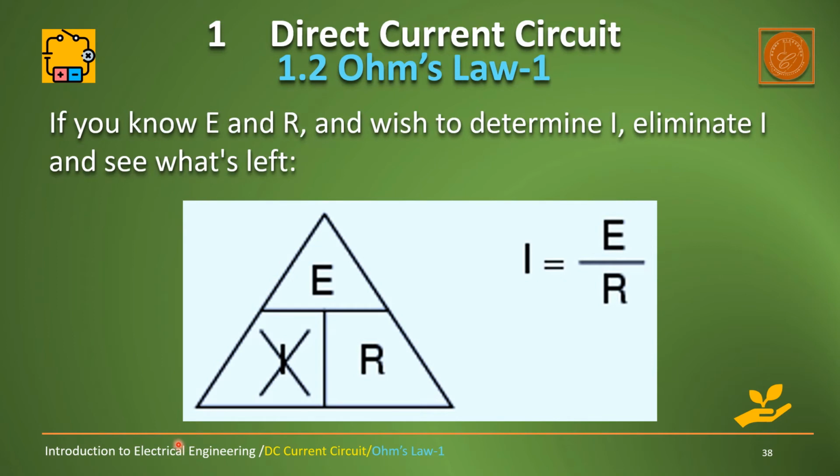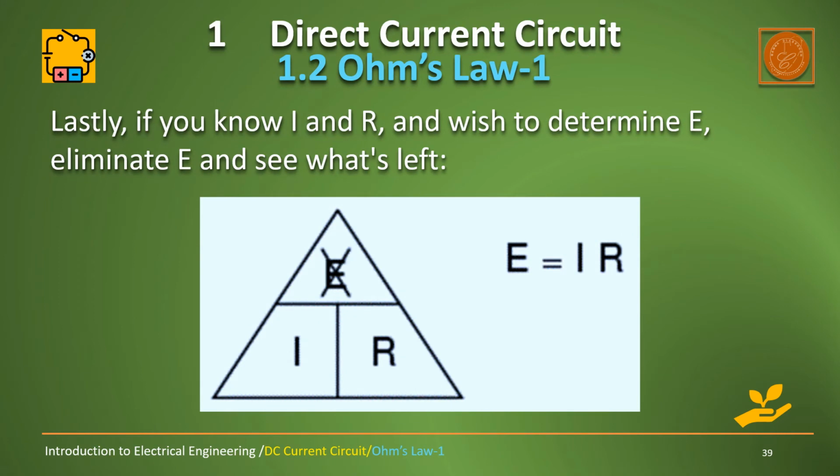If you know E and R and wish to determine I, just eliminate I and see what's left. After you take the I off, you are left with E and R. E is on the top and R is on the bottom. So I is equal to E divided by R. Exactly like this, you see.